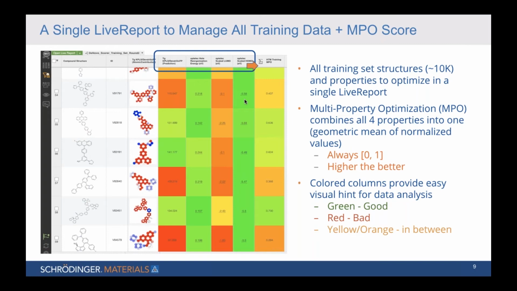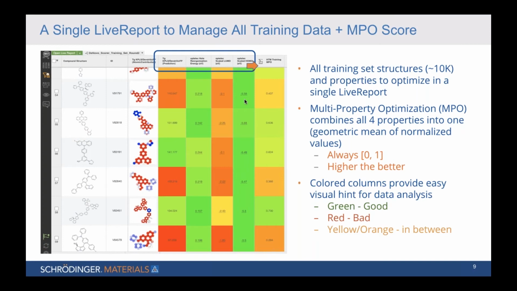Once this MPO score column is set up in LiveDesign, the column is automatically colored to provide visual hints showing which structures best satisfy the user-defined conditions. Green means good, red means bad, and orange and yellow are somewhere in between.